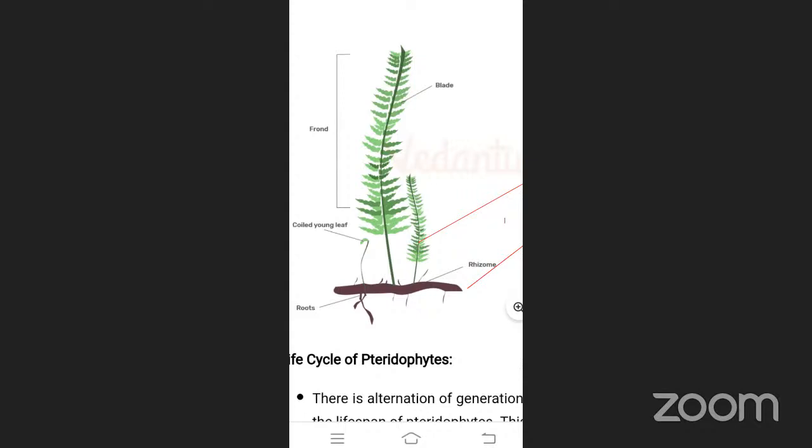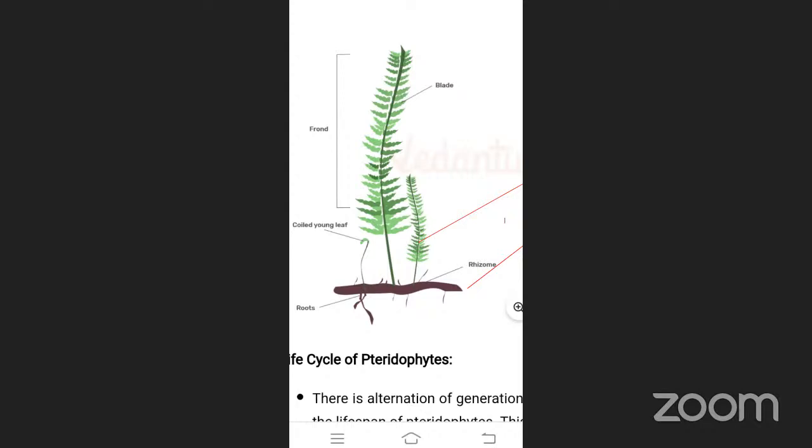Most of the pteridophytes are homosporous. Homosporous means a single type of spore is produced, and all spores are similar in structure.